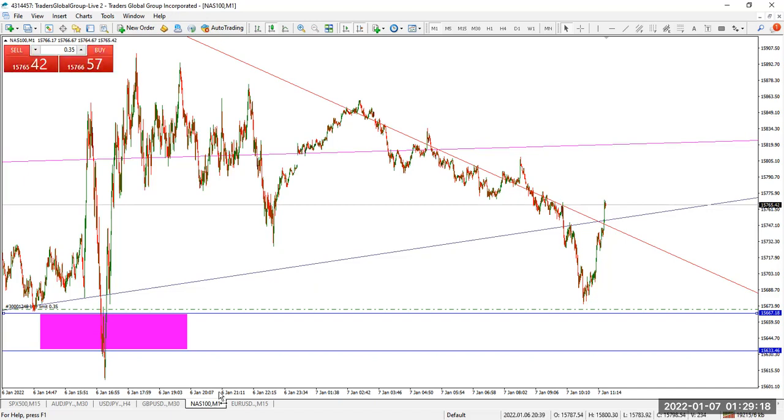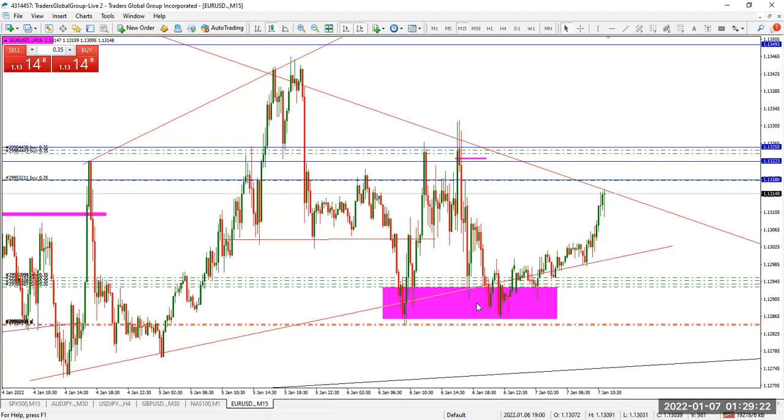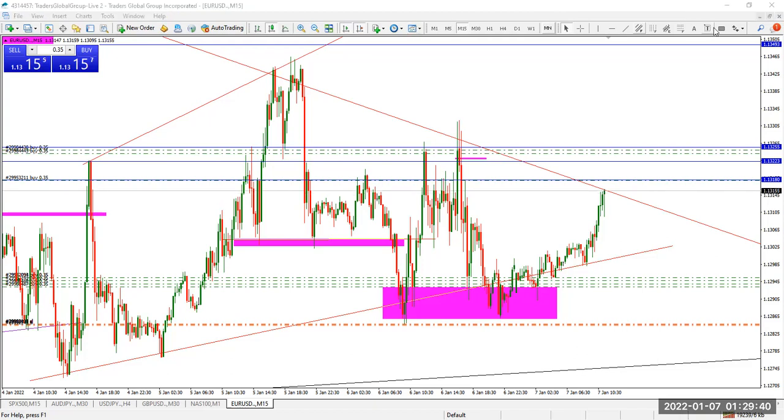For example, if I come to my EURUSD now, you see this one they did here, this is a liquidity that they were taking. This liquidity was taken here.